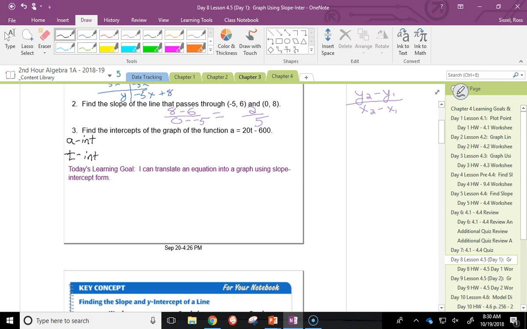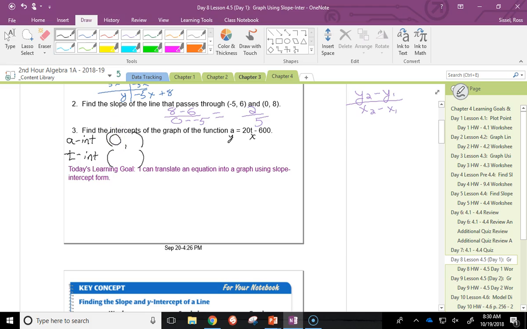Brianna? To find the t-intercept, you have a as 0. Very good. So when I find an intercept, the other one is equal to 0. So I'm finding the a-intercept, and a is my y, this is my x. So I'm going to set x to 0.